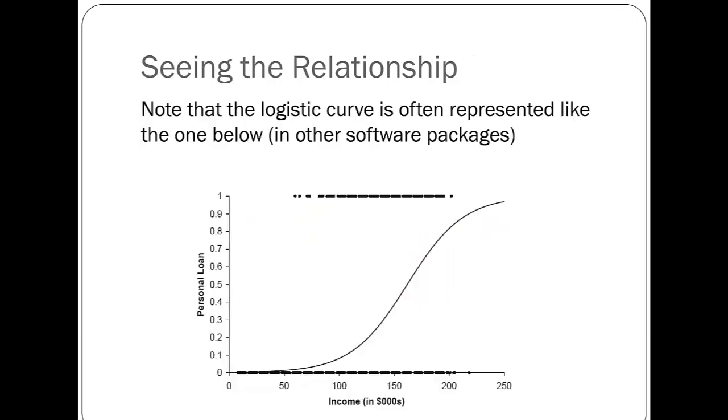This is how JMP does it. Other software packages usually use this sort of function or display. So on the x-axis, again, we have income in thousands, and then the curve is the same, but the data points are represented by either 0 or 1, which is, I guess, a little more accurate than what we have here.